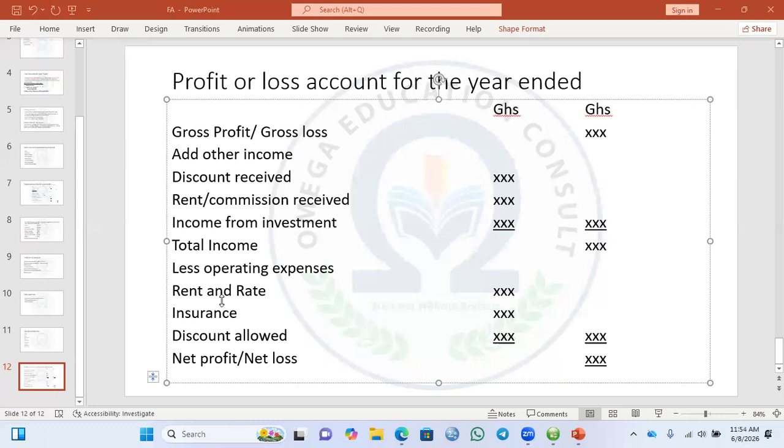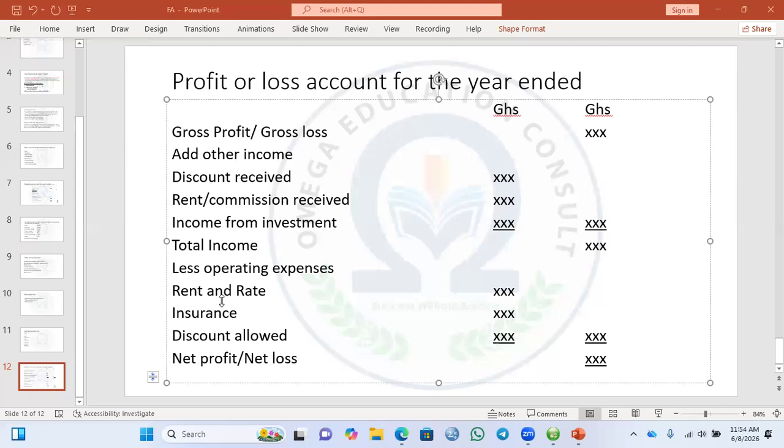Okay, great. So you see, conceptualize these formats and make meaning out of them. You don't necessarily need to sit 24 hours to read the format of the profit and loss account. Just know that in the profit and loss account, you are only comparing total income with total expenses.